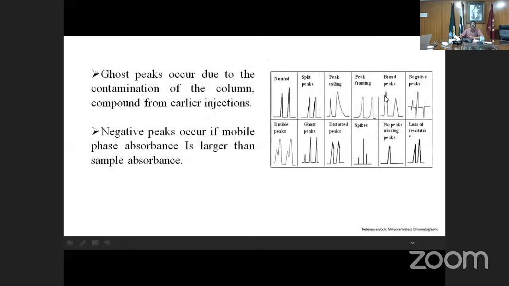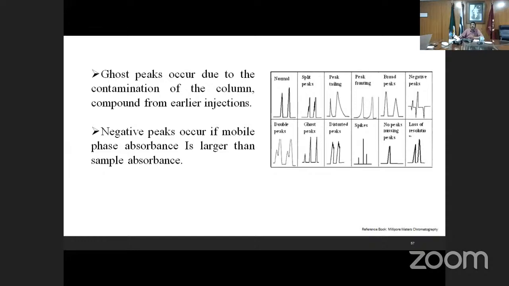This is just for your learning. There are some kinds of peaks that have a different shape and use different terms. See here, flattening, no resolution, sometimes again no resolution. When we face this kind of phenomenon, maybe we loaded more compound on the column than its capacity.